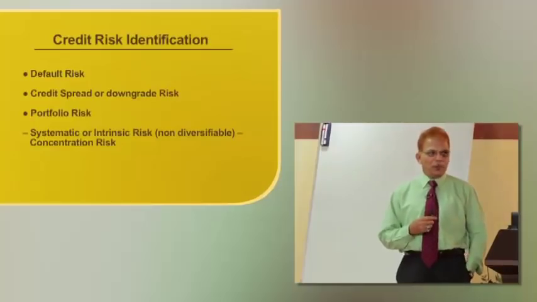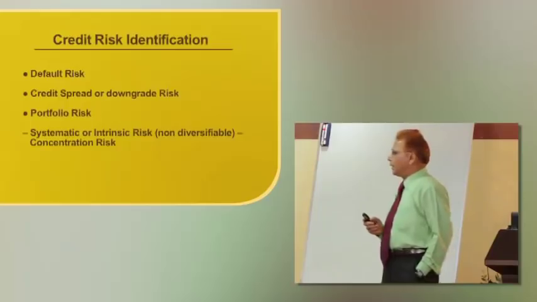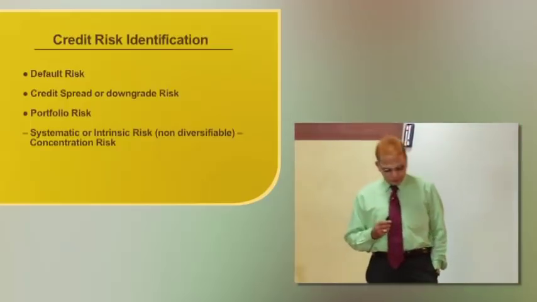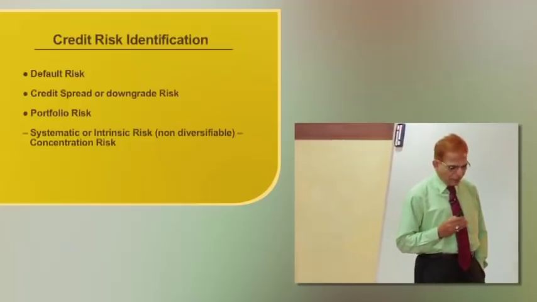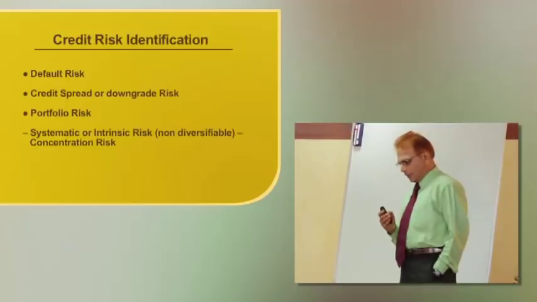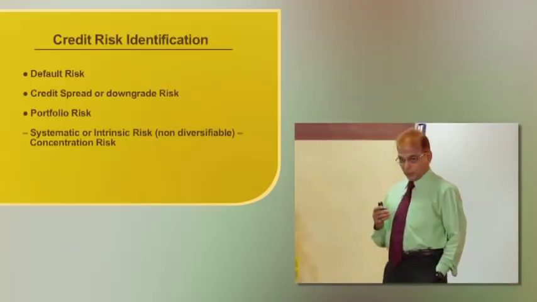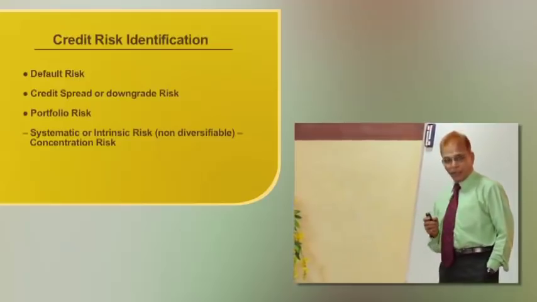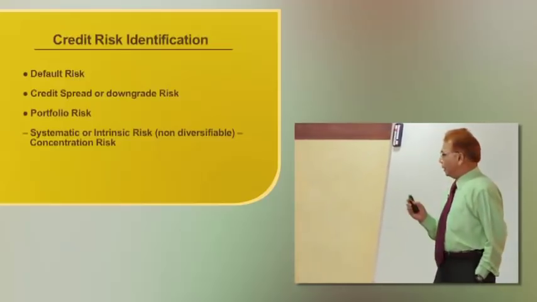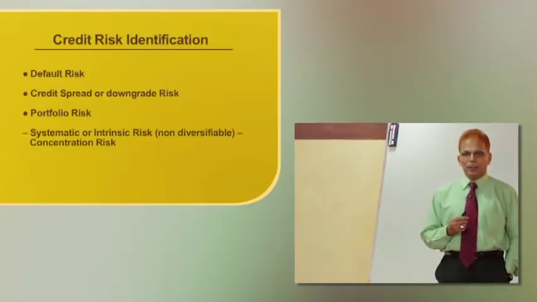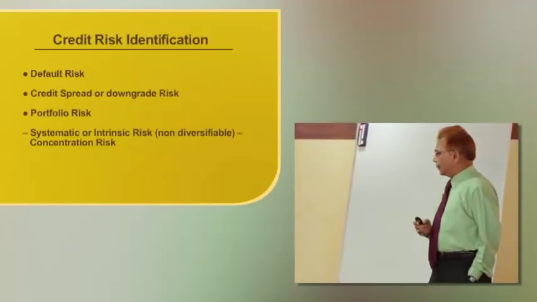And then comes the portfolio, because not all the risk in the bank can be diversified. When you are lending to different sectors, the sector specific risk cannot be diversified once you take the exposure. These are basically known as systemic risk or intrinsic risk. They are non-diversifiable, so they need to be managed by a continuous portfolio analysis.